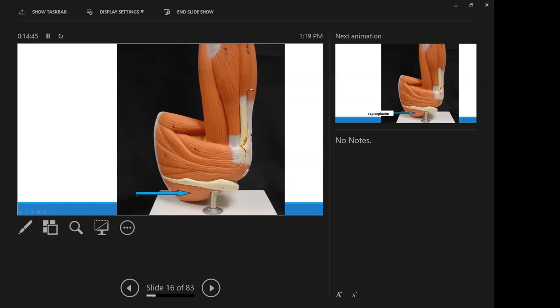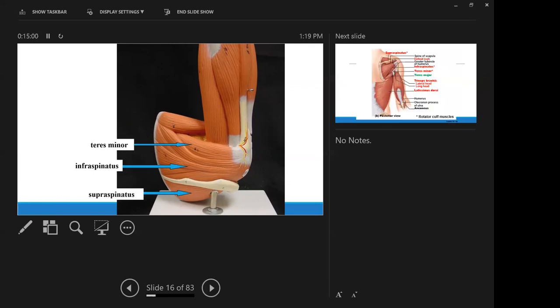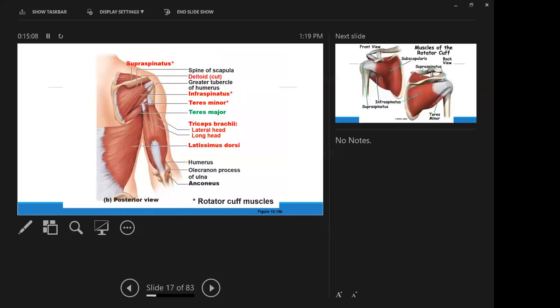Now, where this arrow is at the bottom, that is the supraspinatus, found in the supraspinous fossa. There's the infraspinatus in the infraspinous fossa, and there is the teres minor, also in the infraspinous fossa. That's three of the four rotator cuff muscles.